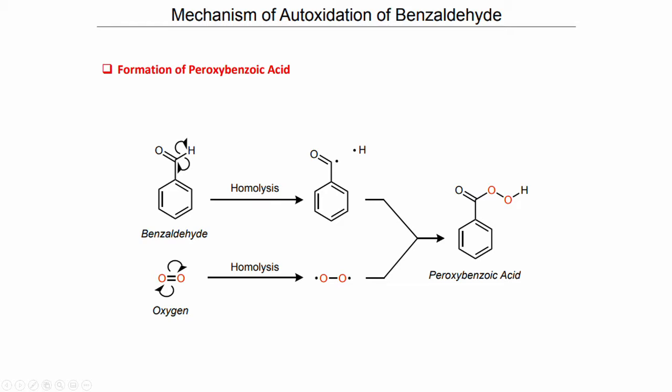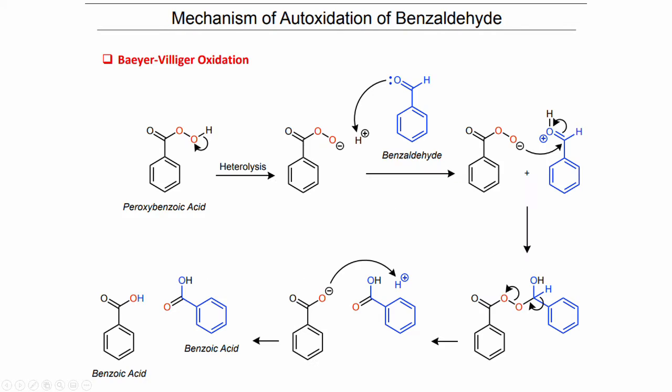The two can then react with each other, where the radicals will bind, the oxygen to the carbon, oxygen to the hydrogen, to form peroxybenzoic acid. Once peroxybenzoic acid is formed, it can undergo heterolysis, where the hydrogen can be removed, leaving a negative charge on the oxygen.